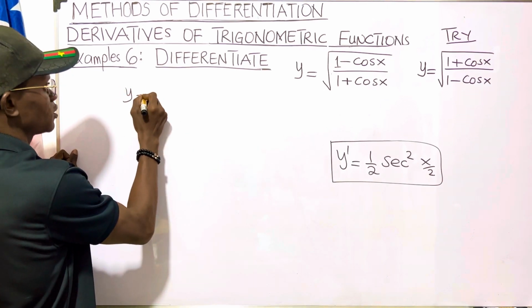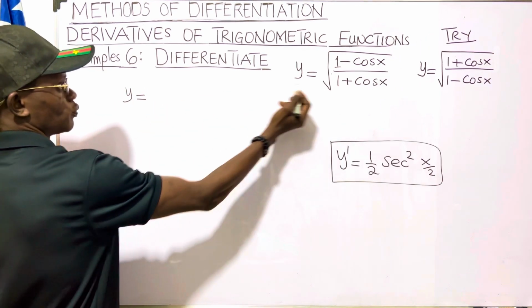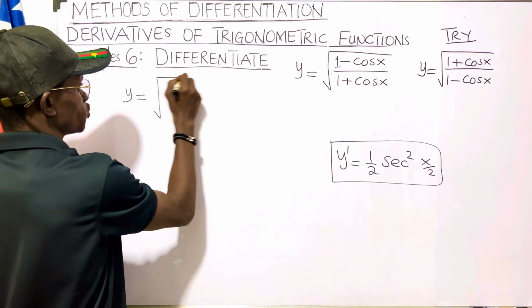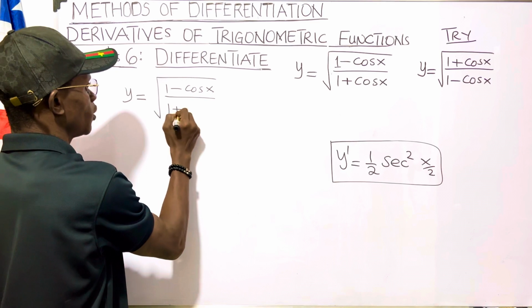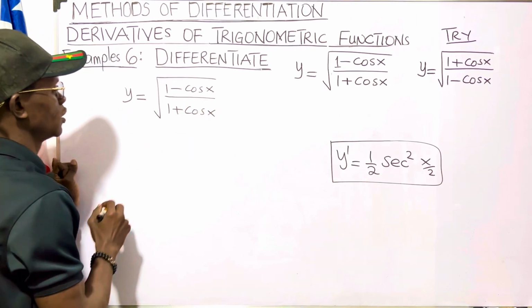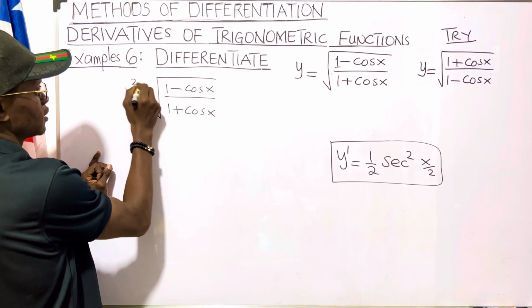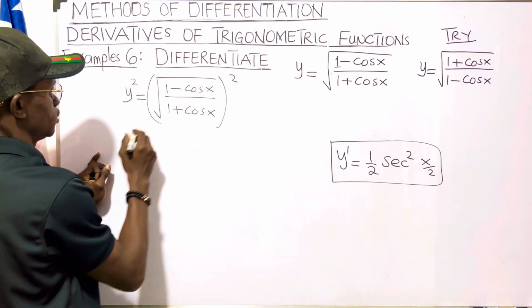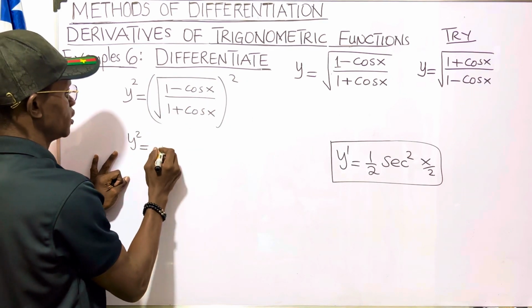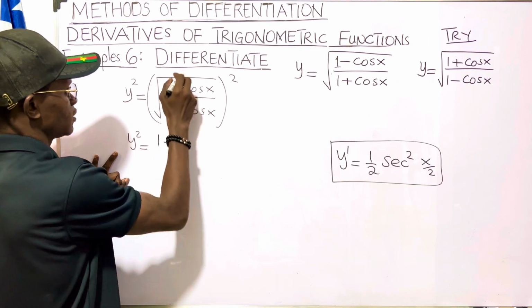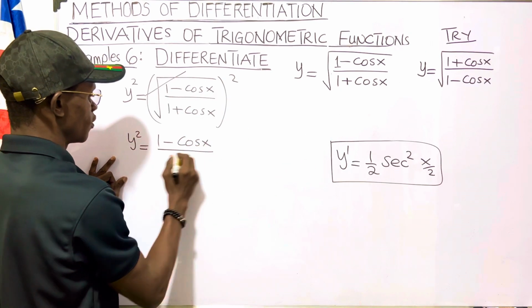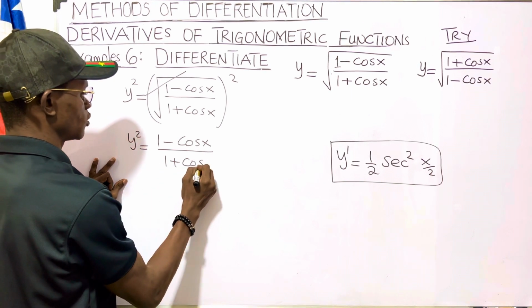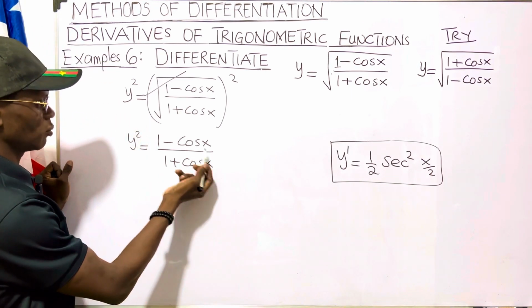So y equals the square root of 1 minus cos of x over 1 plus cos of x. So we can square both sides. So y squared now will be 1 minus cos of x all over 1 plus cos of x. So we can differentiate on both sides.